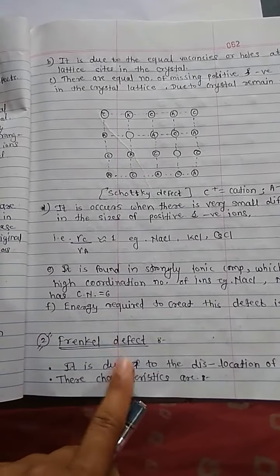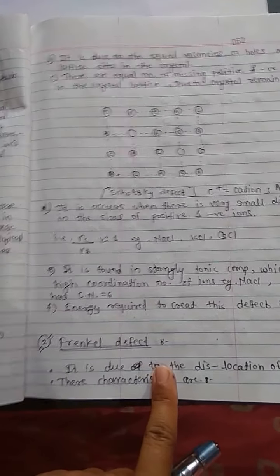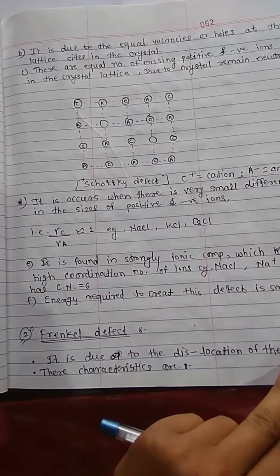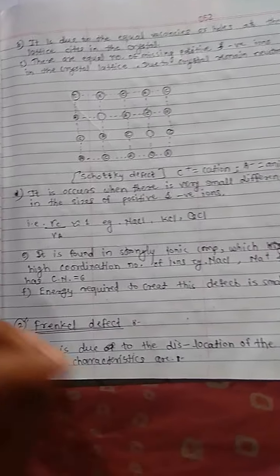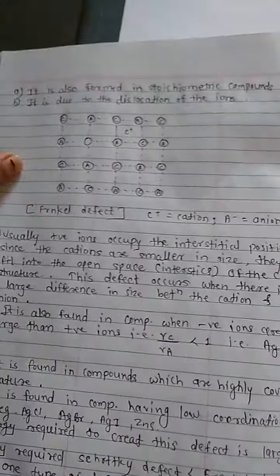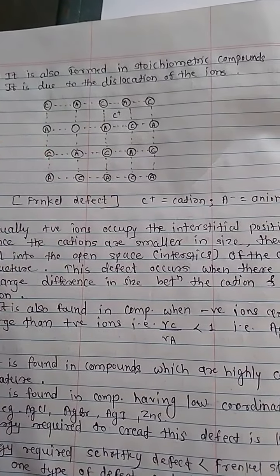The second defect is the Frenkel defect. It is due to dislocation of the lattice, in which a cation or anion is dislocated. Its characteristics are as follows. It is also formed in stoichiometric compounds. It is due to dislocation of ions.